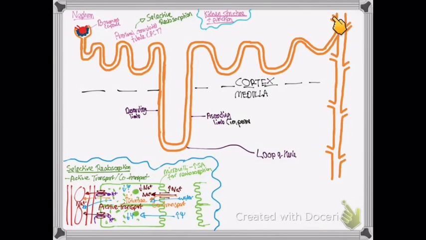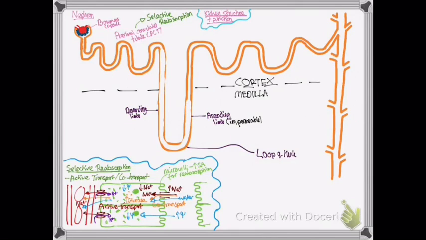So when the fluid gets to the collecting duct, more water is reabsorbed by the blood because we've set up this countercurrent multiplier mechanism. So let's break it down slowly. We've got a descending limb and an ascending limb, and I'm just going to hollow these limbs out just to make it easy for me to write on.